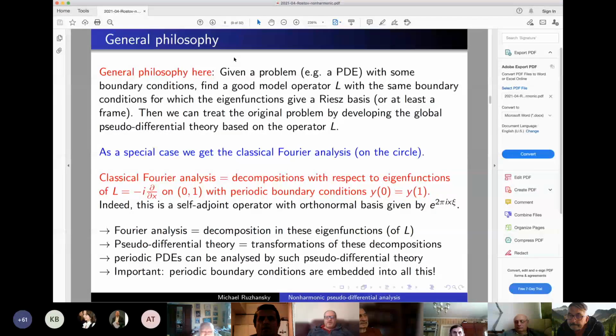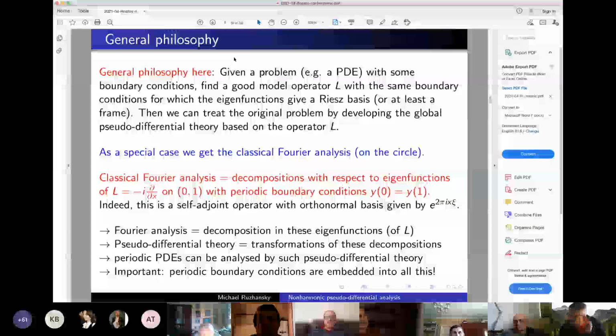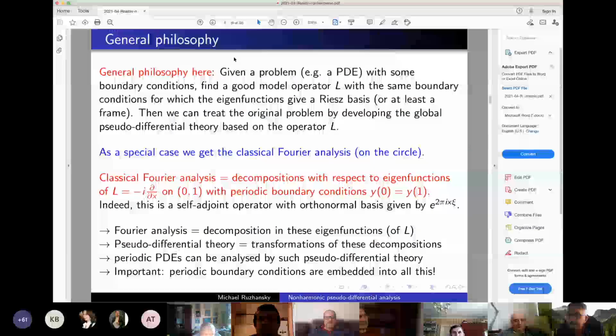What is classical Fourier analysis? Analysis on the circle. Of course, this is something that a lot of people have worked on for a very long time, so maybe well understood. But from our point of view, the classical Fourier analysis is analysis of decompositions with respect to eigenfunctions of this operator with periodic boundary conditions.